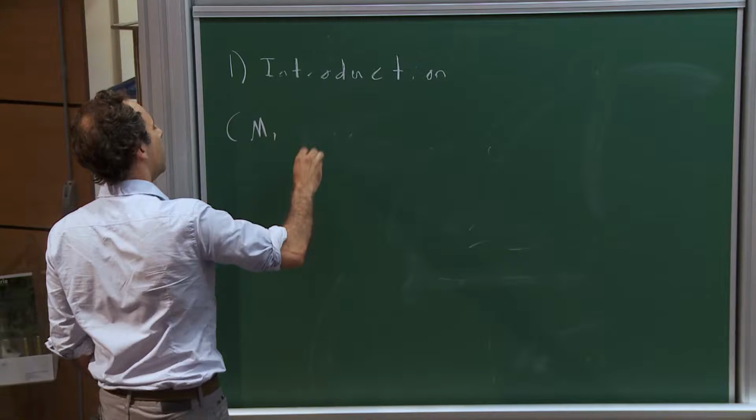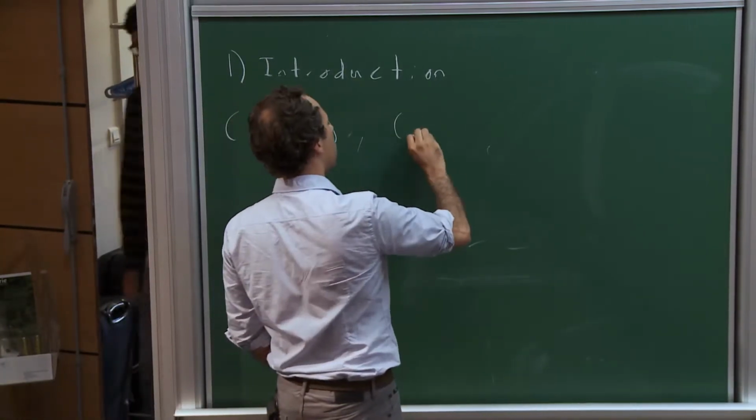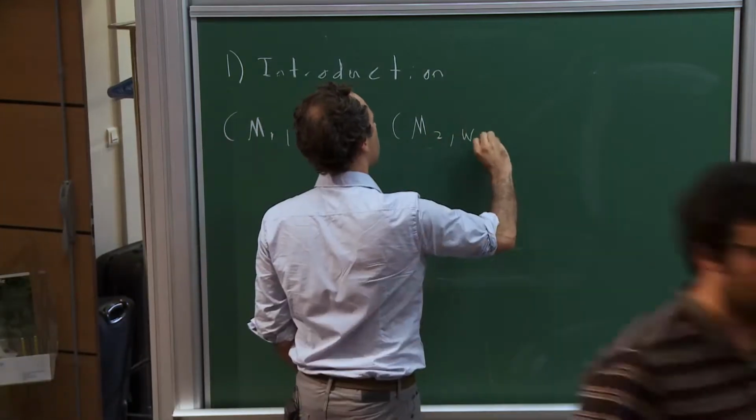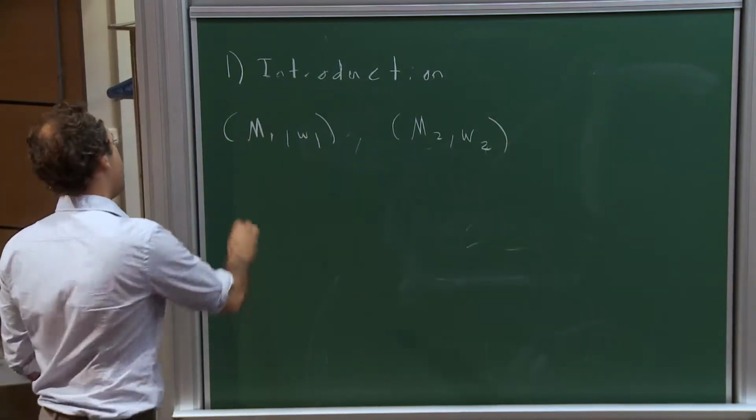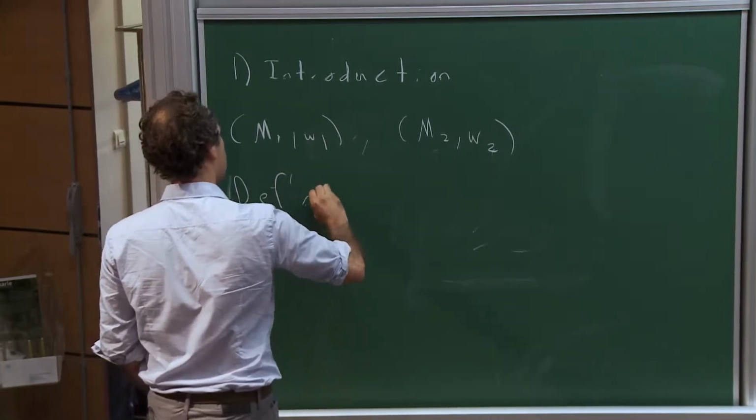So if I'm given two symplectic manifolds, M1 and M2, then a symplectic embedding, I'll give you a definition.